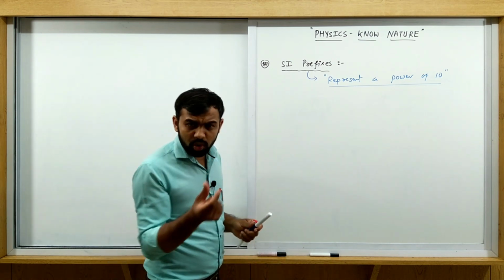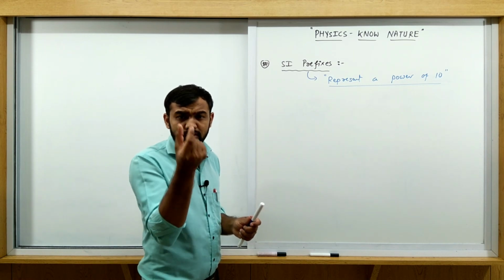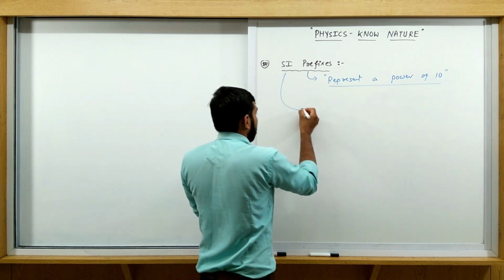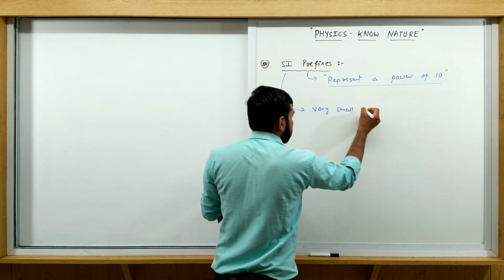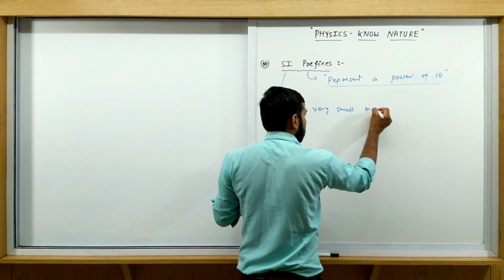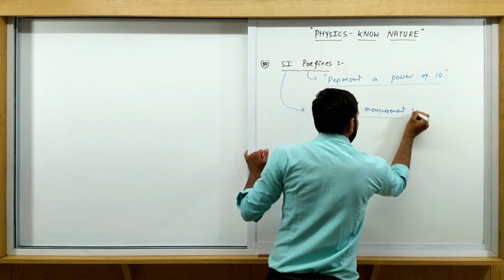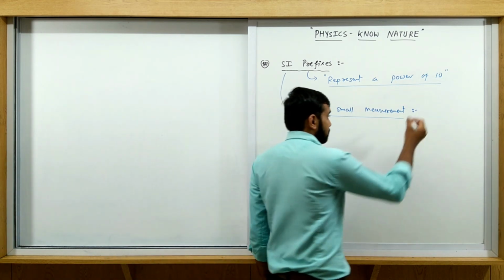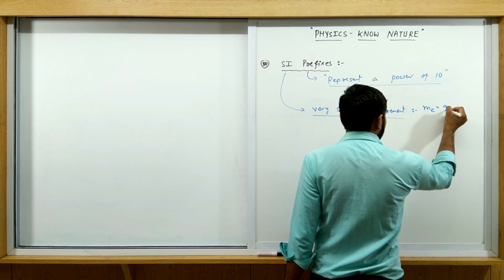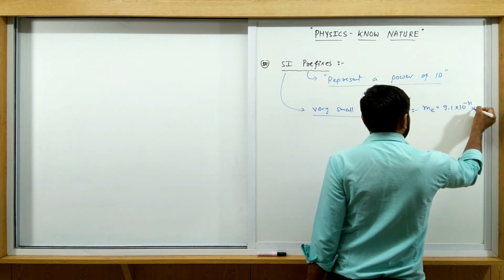If you consider a very small quantity, a quantity whose measurement value is very small, then see, consider a very small measurement. For example, mass of electron is 9.1 into 10 raised to minus 31 kg.